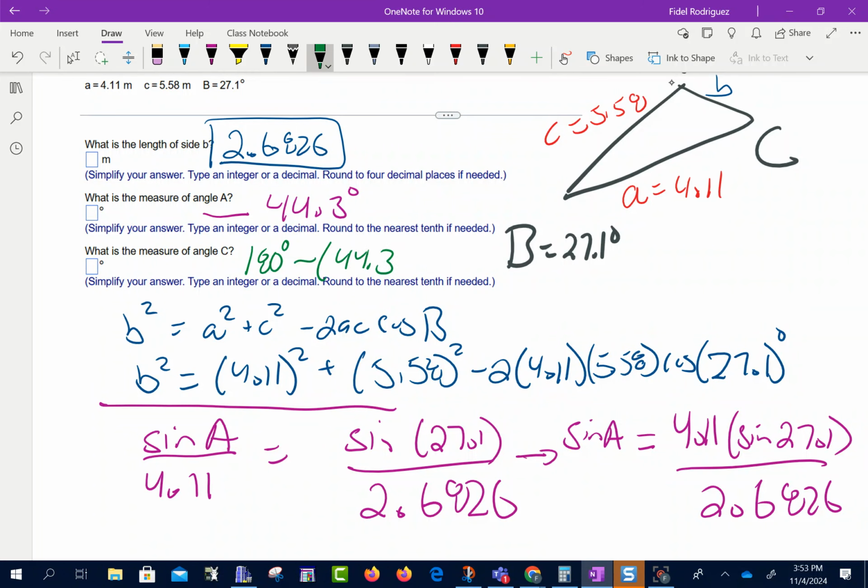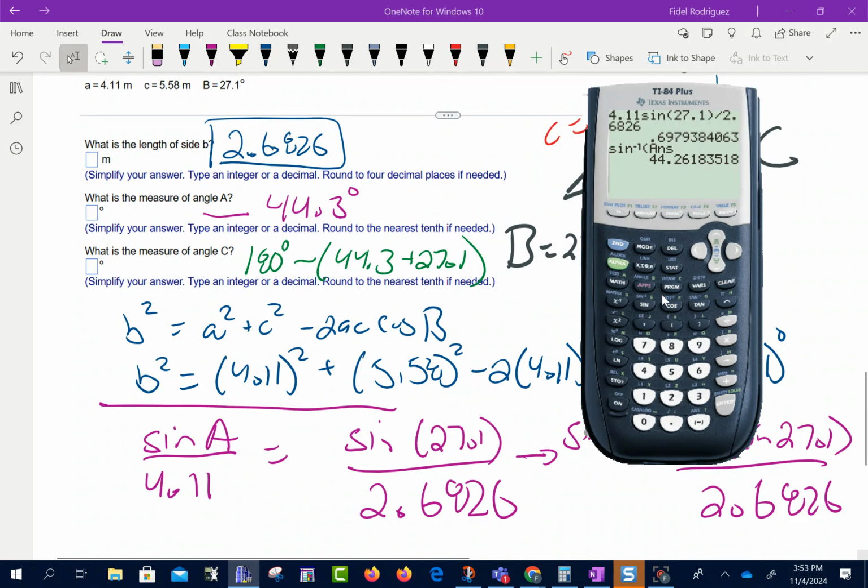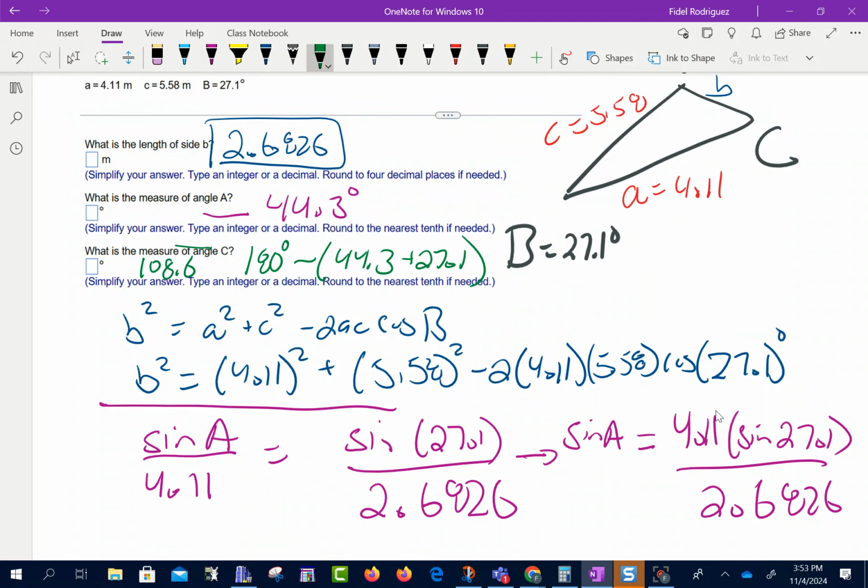So 44.3 plus 27.1, and let's see what we get for angle C. So let me grab my calculator, 180 degrees minus 44.3 plus 27.1. And y'all, I am coming up with 108.6. 108.6 for my angle C.